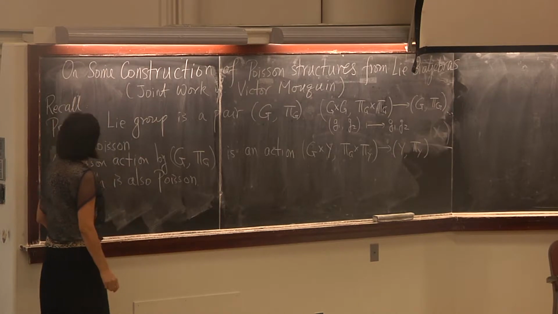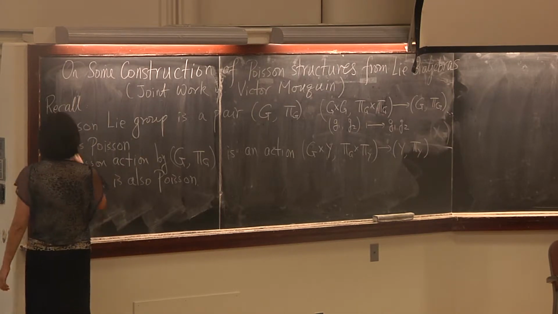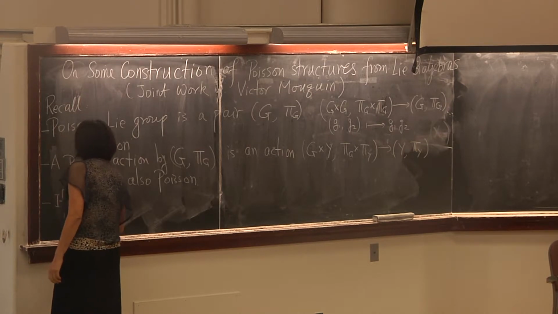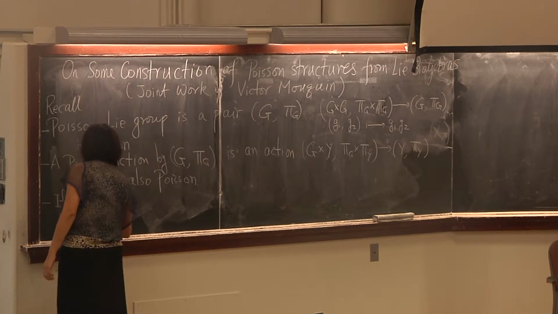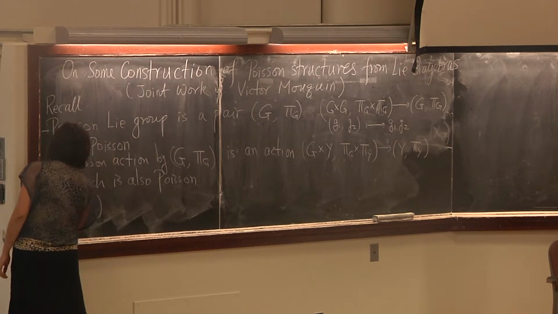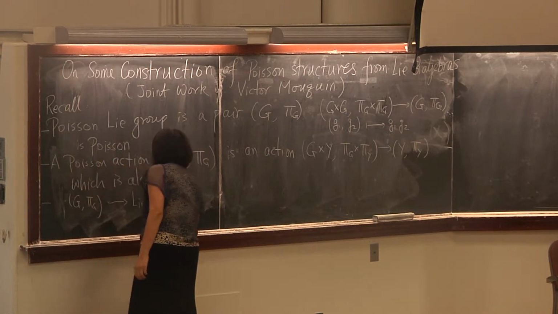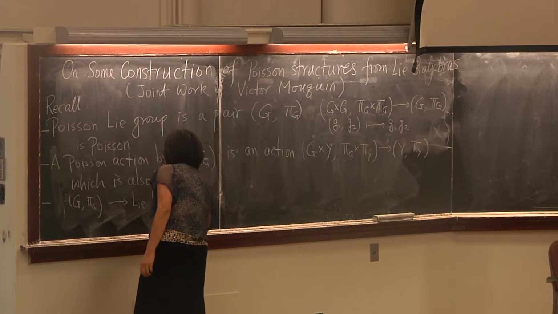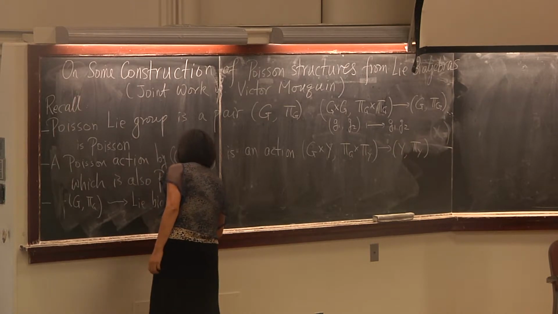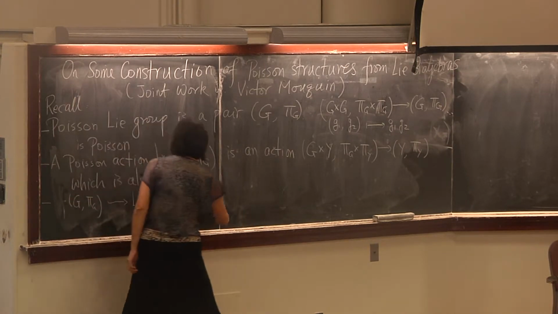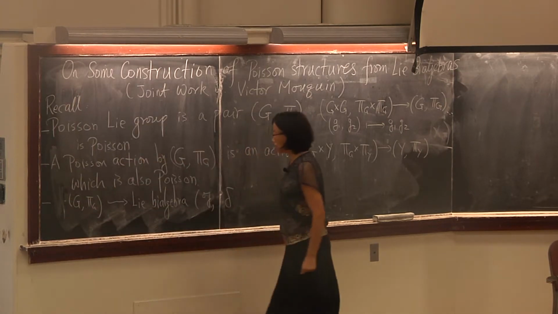And then we have the infinitesimal version of this. You have a Lie bialgebra for a Poisson Lie group. Starting from a Poisson Lie group, you get the Lie bialgebra. So take the Lie algebra of the group G, let's call it g. And then the cocycle, so what's a Lie bialgebra?